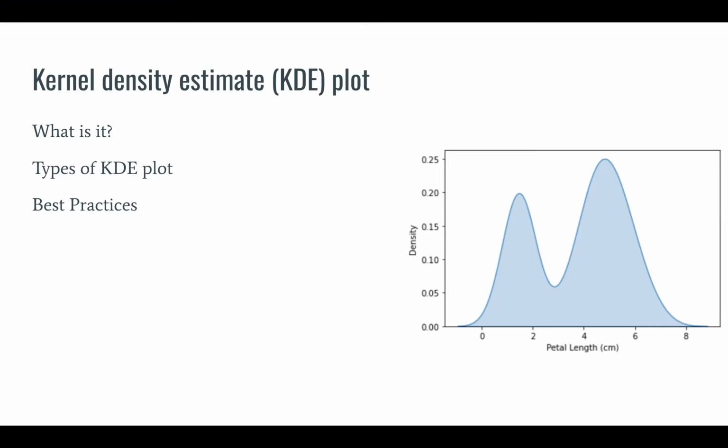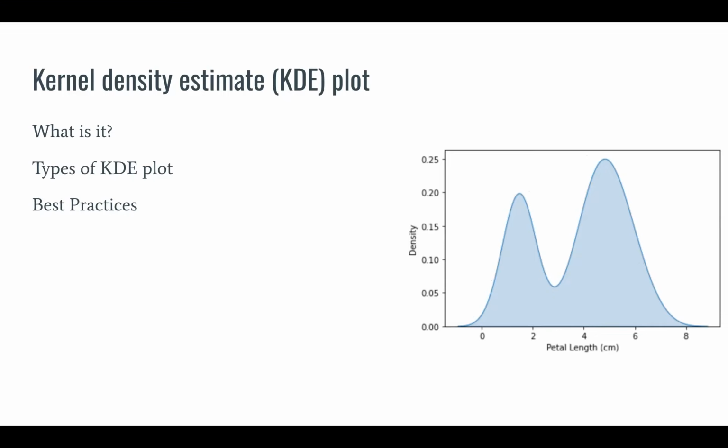So some of the components of the KDE plots are x-axis and y-axis, and x-axis represents the values of the variable being plotted, while the y-axis represents the density of the values. So the KDE plot is a smooth curve that shows the distribution of the variable.